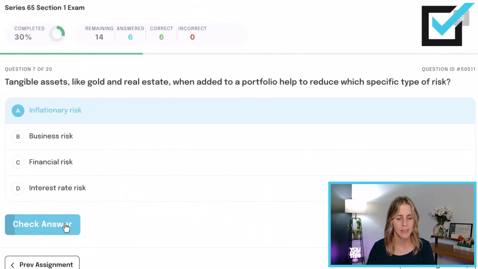Interest rate risk is a type of systematic risk that is unavoidable, found primarily in bonds due to their fixed interest rate, and preferred stock, because preferred stock does have a fixed dividend rate. That leaves us with inflationary risk. So gold and real estate historically have been a hedge against inflation, kept pace or outpaced inflation. Can't guarantee that they will in the future.